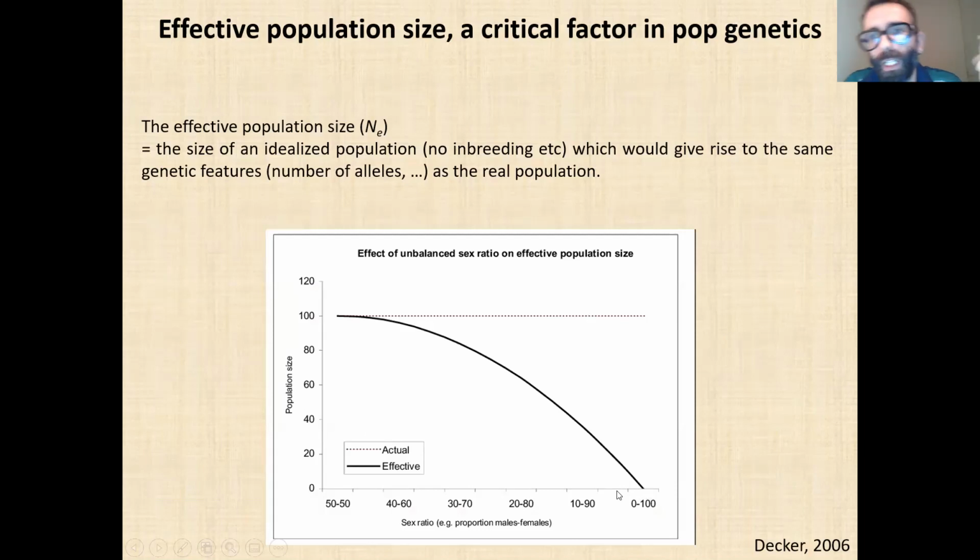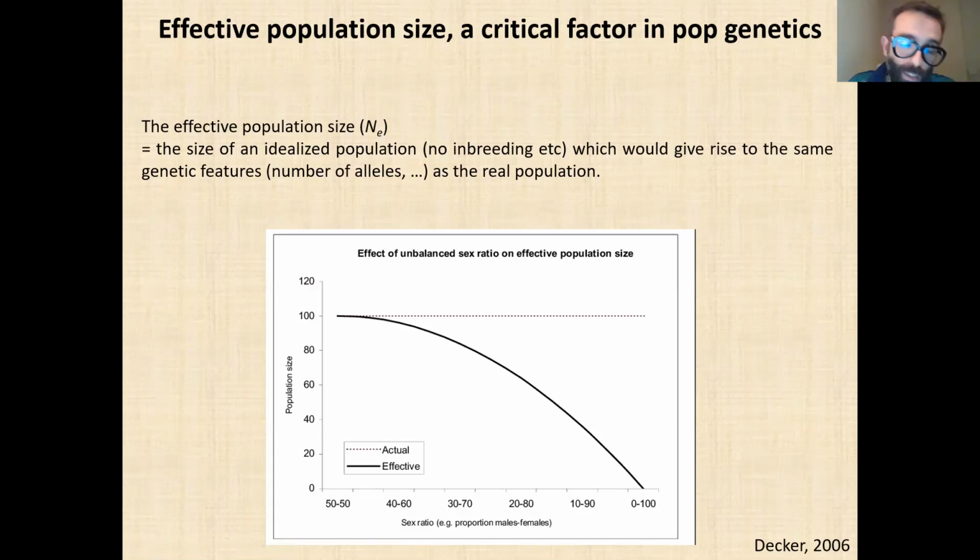The reason why is that you have to imagine that every generation, on the male side, for example, there is one single individual contributing to the next generation. So that means that with one individual, we basically recover the whole genetic diversity of the next generation, because all the next generation had only one single male as a parent.